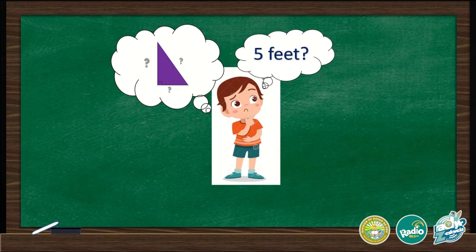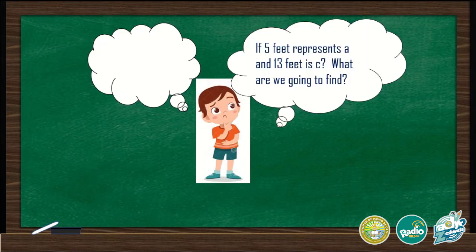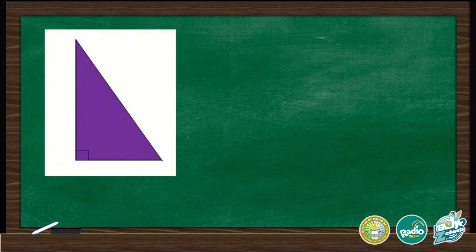The distance from the foot of the ladder and the wall represents the measurement of one of the legs of the triangle. If 5 feet measures A and 13 feet is C, what are we going to find? Very good! We are looking for B, the measurement of one of the legs.